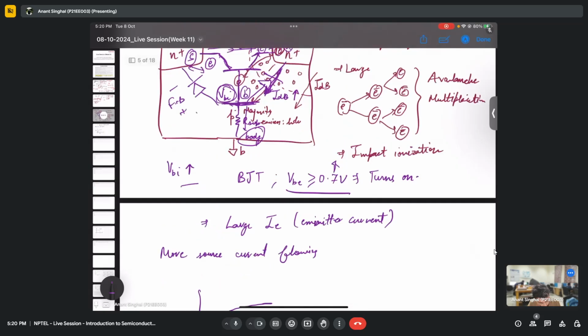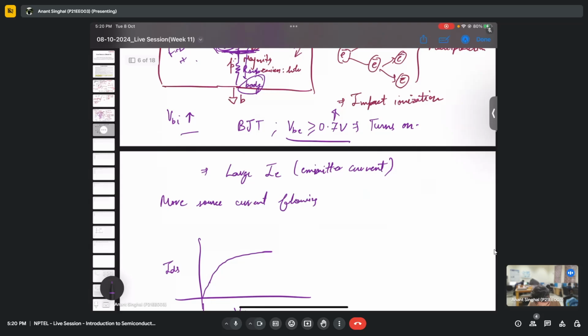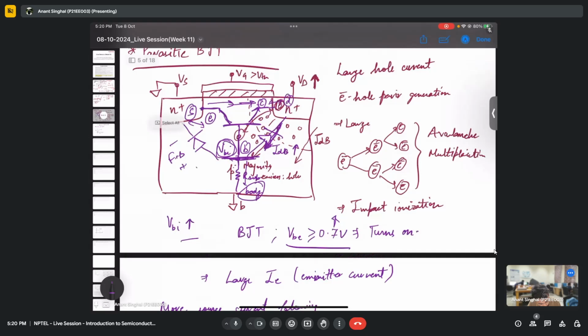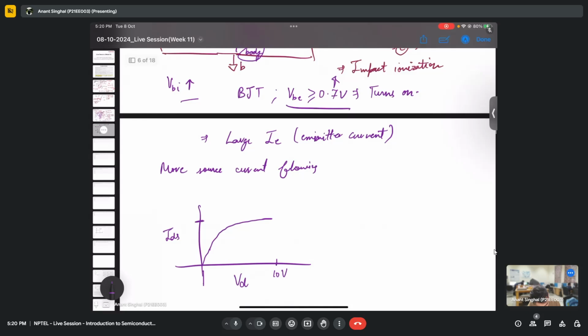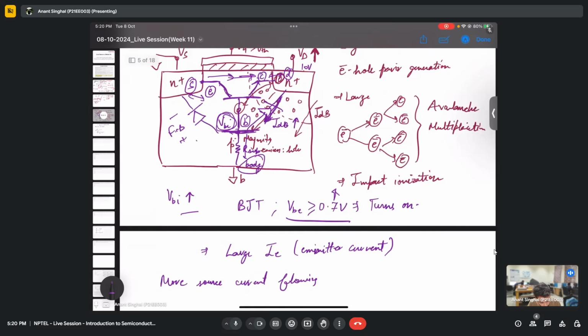But now what this BJT has done is given enough source current that even after increasing VD, let's say this is VD, let's say 10 volts. So let's say at 10 volts, we had a certain current value, which is this particular thing. Let's say this is 1 milliamp. Now at 10 volts, what has happened? You can say this VBI has become forward biased, at 0.7, and due to this it has now become an amplified current.